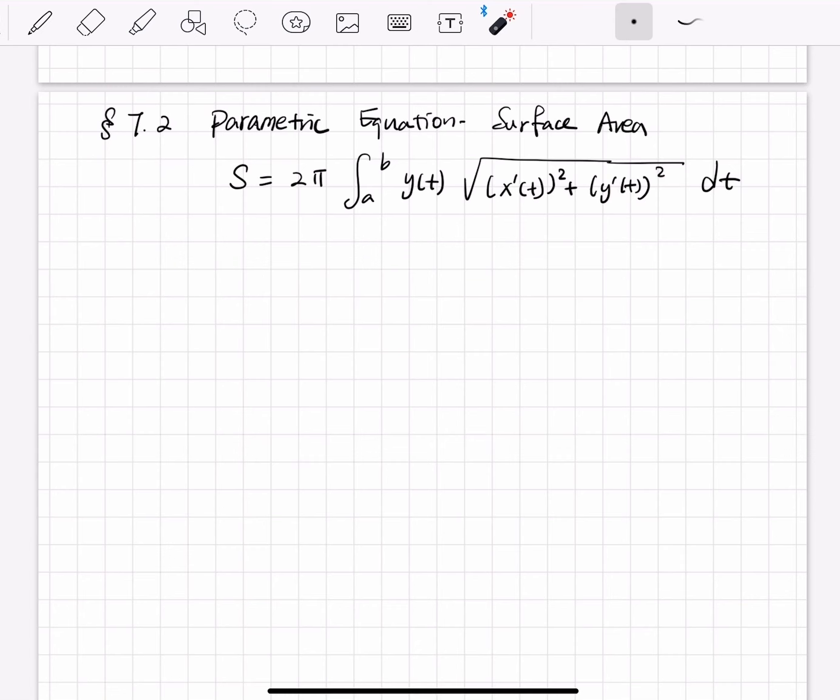So the example we have is we want to find the surface area of a sphere of radius r centered at the origin. So this is a three-dimensional sphere.